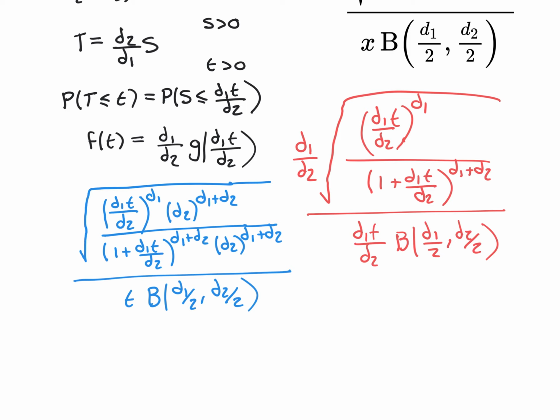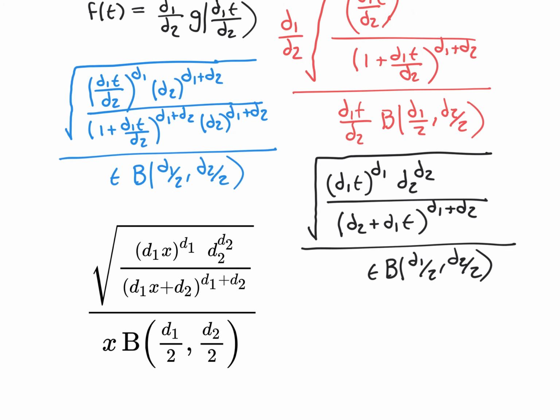We can now see that this d2 to the power of d1 in the denominator in this numerator here is going to cancel with the d2 to the power of d1 here, so that we're just left with d2 to the power of d. Meanwhile, down here we can bring this d2 inside this fraction because they're both raised to the power of d1 plus d2, and then the d2 will cancel with this d2 on the bottom here, and you'll just get d2 plus d1t all to the power of d1 plus d2.